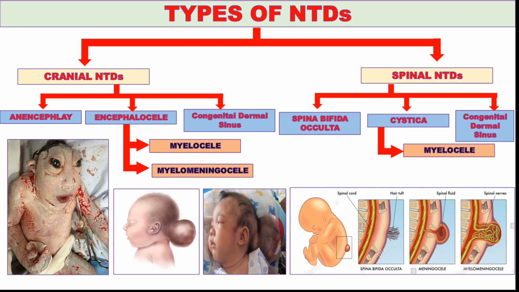There is no herniation of the membrane or spinal cord. In meningomyelocele or myelomeningocele, there is herniation of the spinal cord or spinal nerves with the membrane through the vertebra.